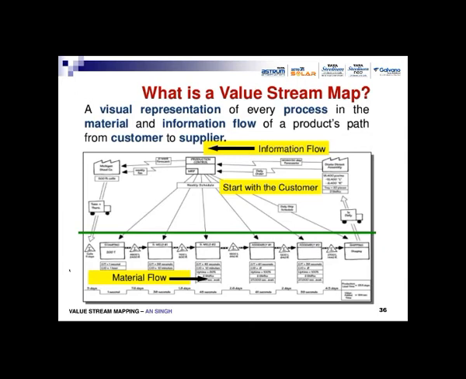So how does a value stream map look? It is a visual representation of every process in the material and information flow of a product from customer to supplier end. As you see, the map comes like this. The whole team develops a value stream map in this process, where special icons are used.